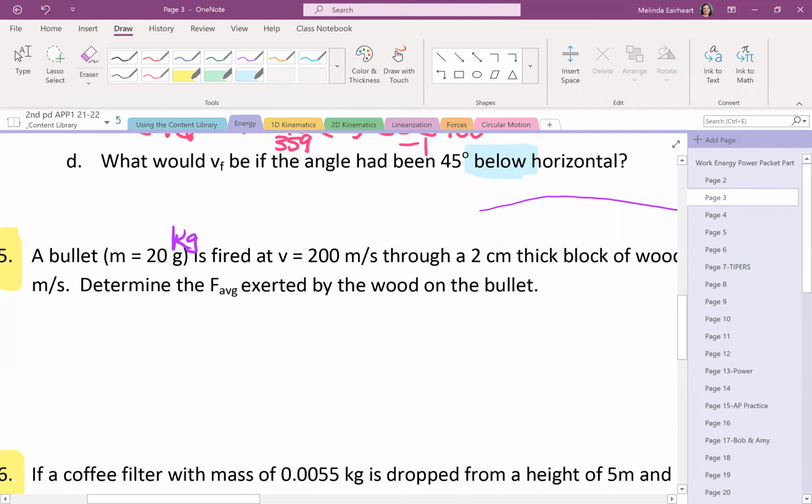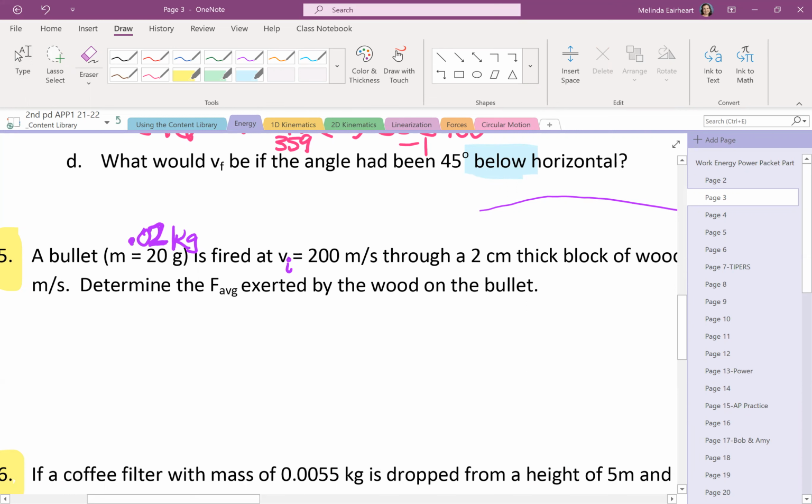And so how many kilograms, how many decimals do we move it? 3, so 1, 2, 3, it'd be 0.02. It's fired at a velocity, a launch initial velocity or speed of 200 meters per second.